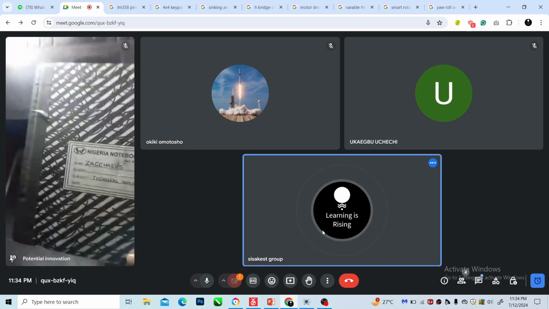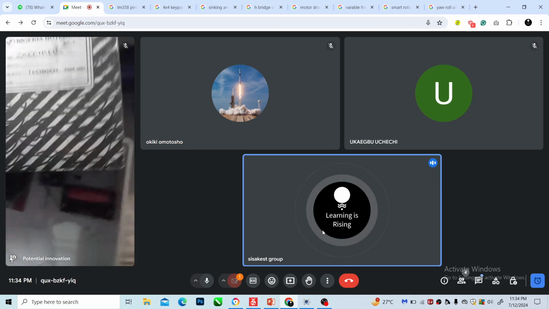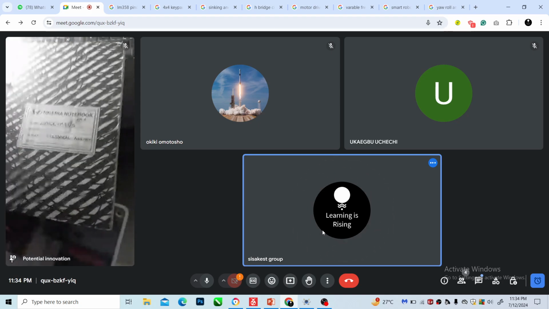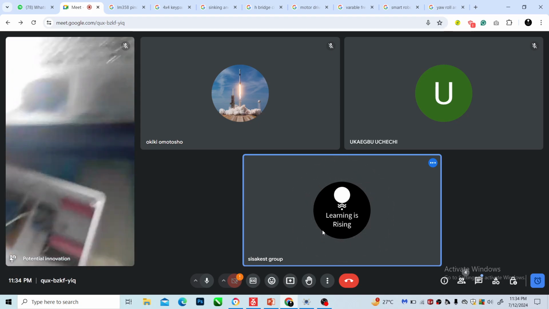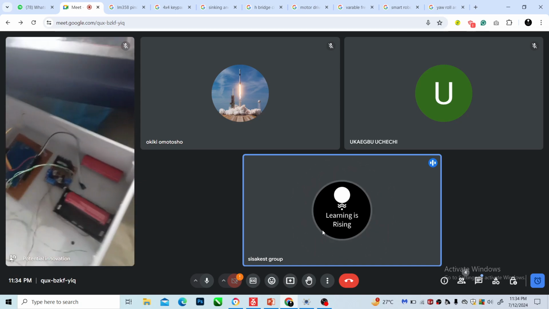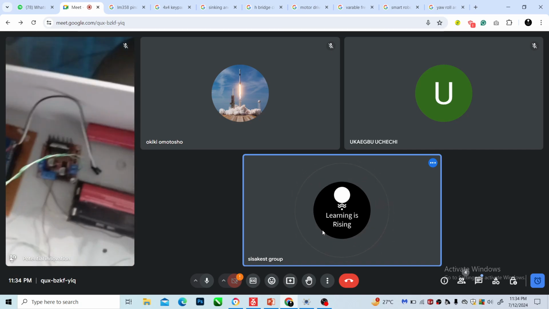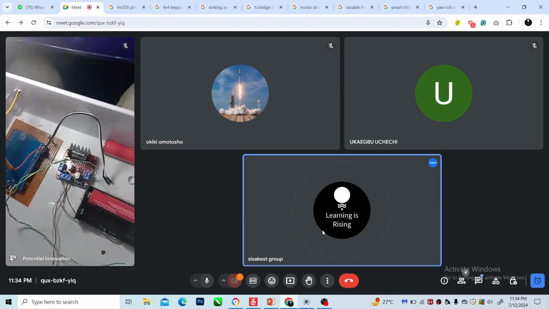It's a combination of enable and these inputs that does that kind of movement. So basically, what you find on the L298 motor driver is what I just finished explaining.